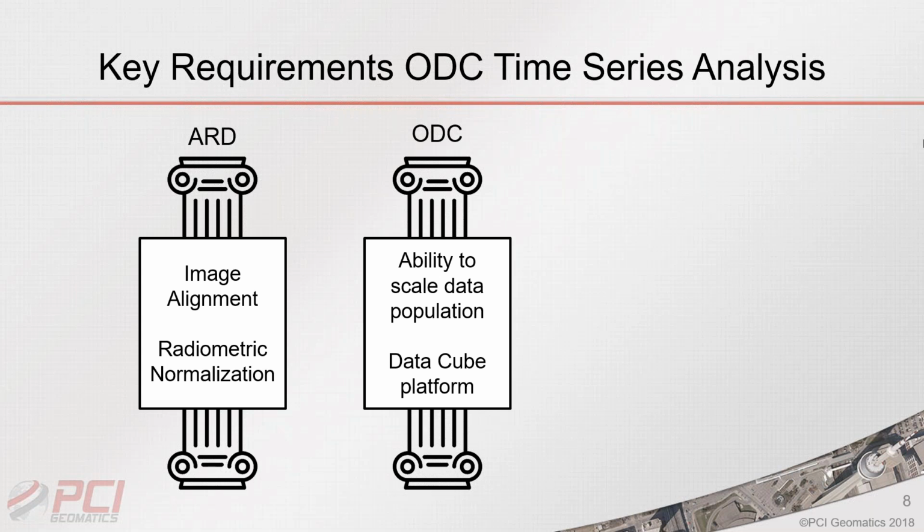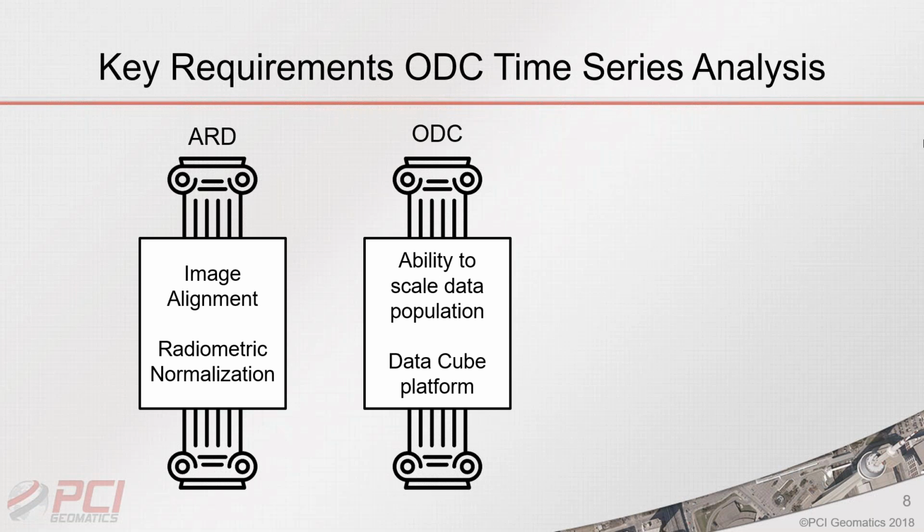And we at PCI have adopted the use of the Open Data Cube, which is an initiative that was born out of the Australia Geoscience Group, to create this nice infrastructure that allows us to take our ARD data and store it in an Open Data Cube platform. And we'll go through some more slides on that in a minute.